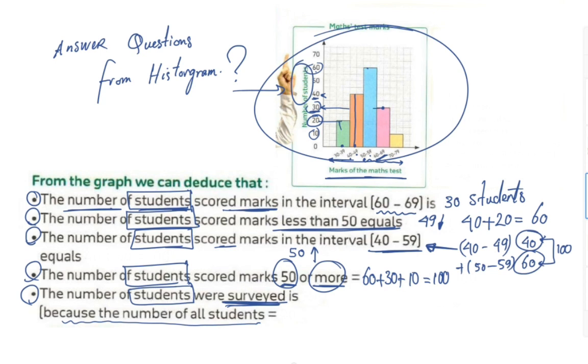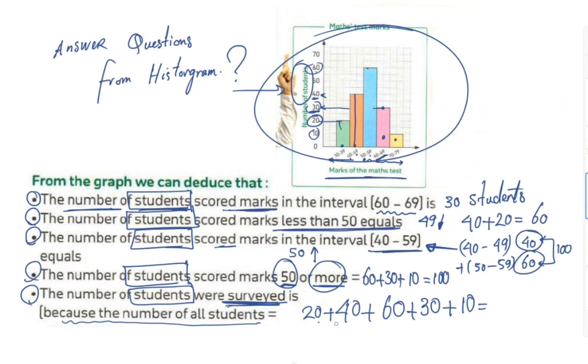Okay, how do we find the number of all surveyed students? We add each bar's students. The first bar we have 20 students, plus the second bar 40 students, third bar 60 students, fourth bar 30 students, and the last bar 10 students.